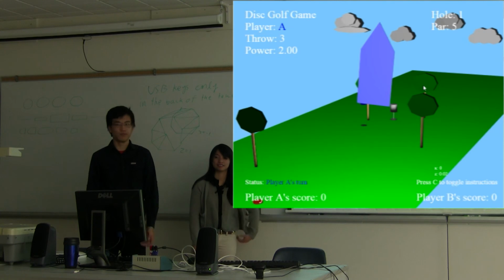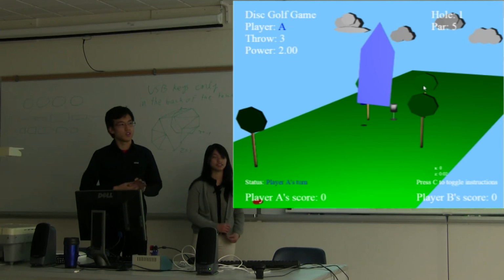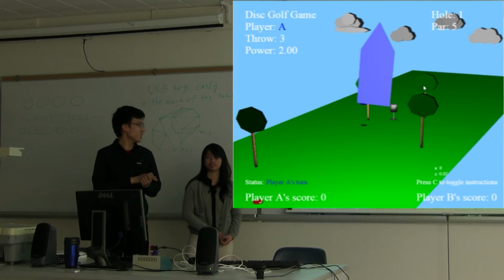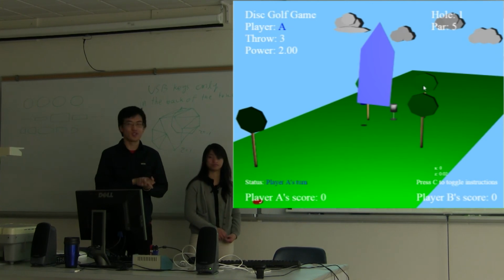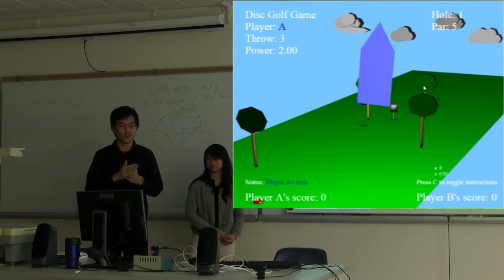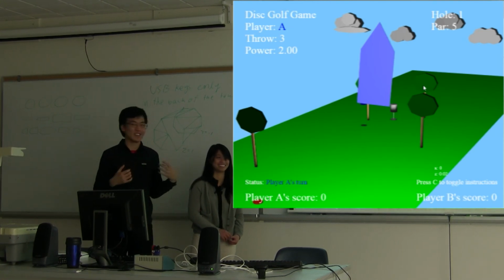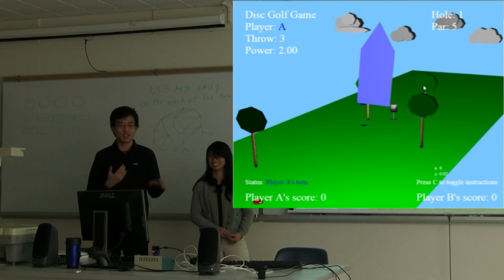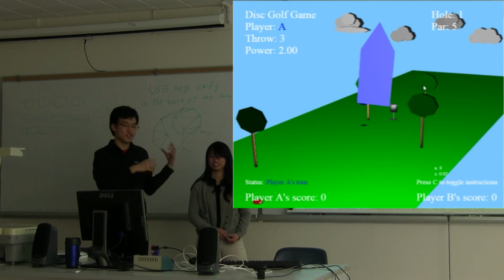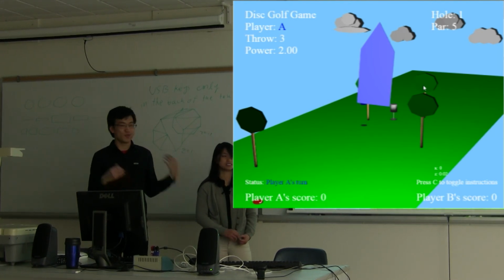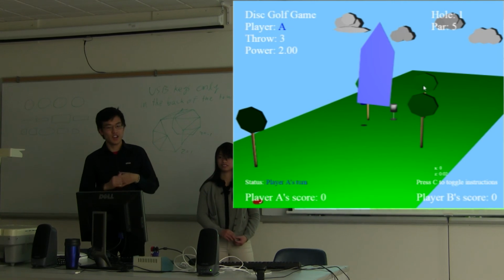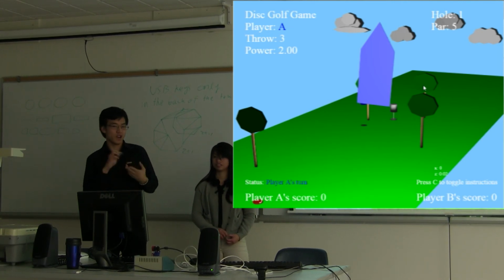How did you split the work, guys? Pretty evenly. At first, our first thing to do was to build a cylinder, and we worked together, took a lot of time to work that out. Then Julie made the trees and the basket. We worked on different things. I made the wind vector and some of the HUD elements.